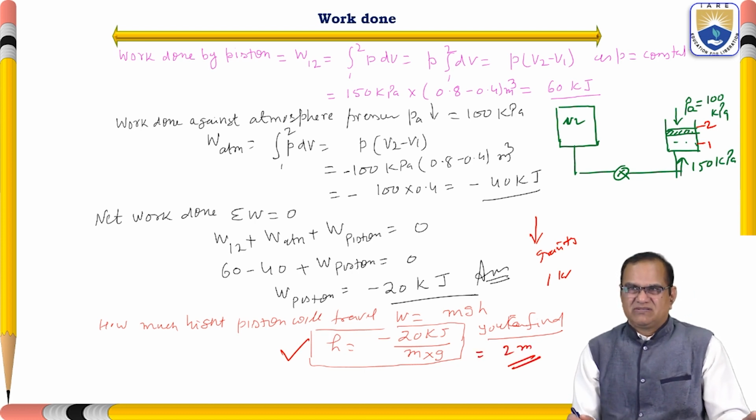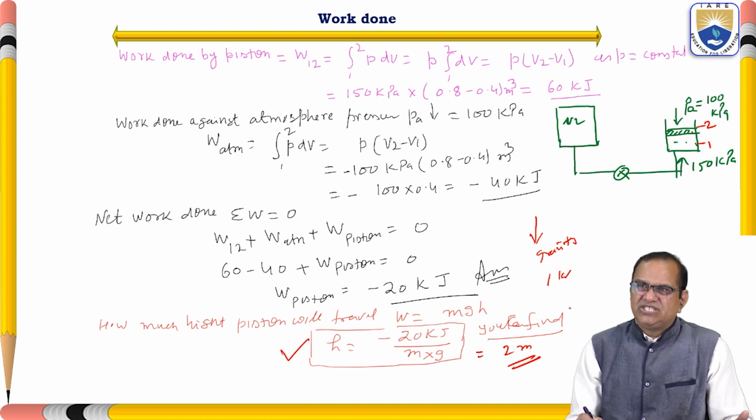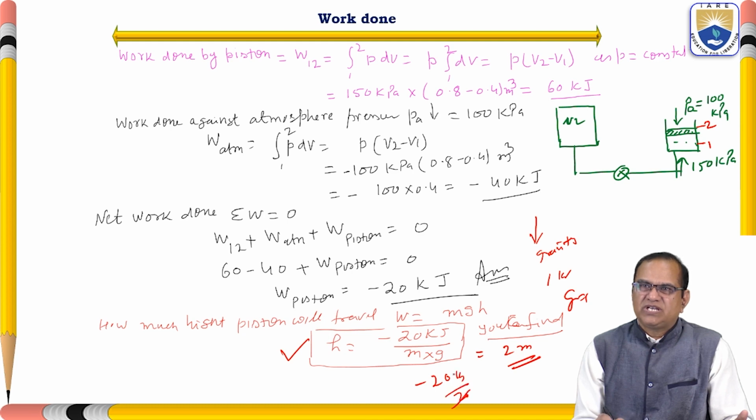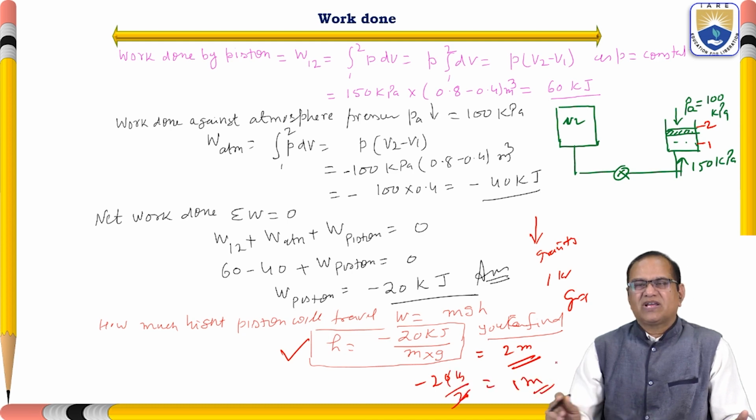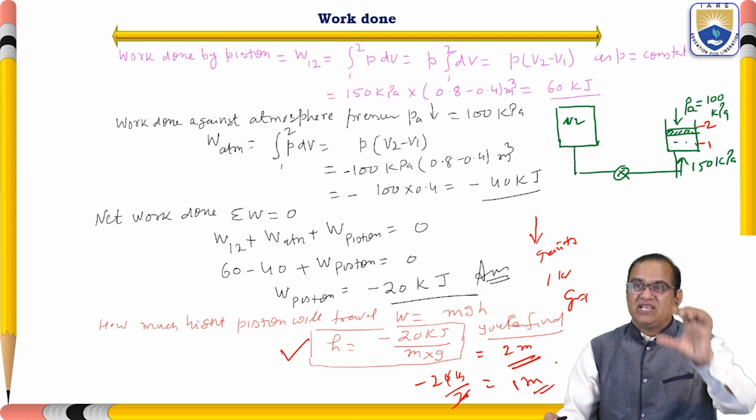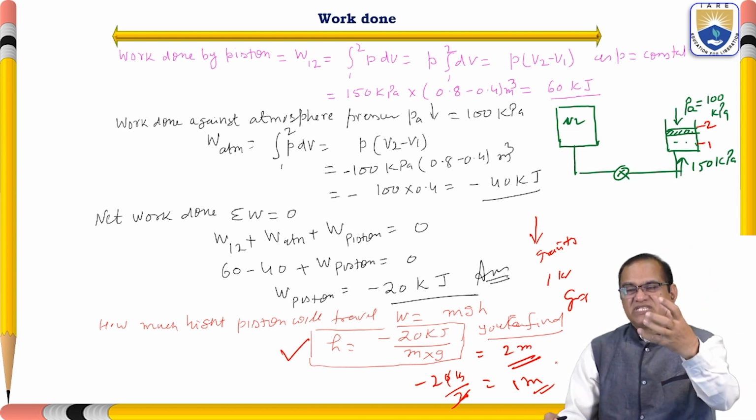If g is equal to 10, then 20 divided by 20, so here 1 meter. So the height will come 1 meter if the piston is 1 kg.